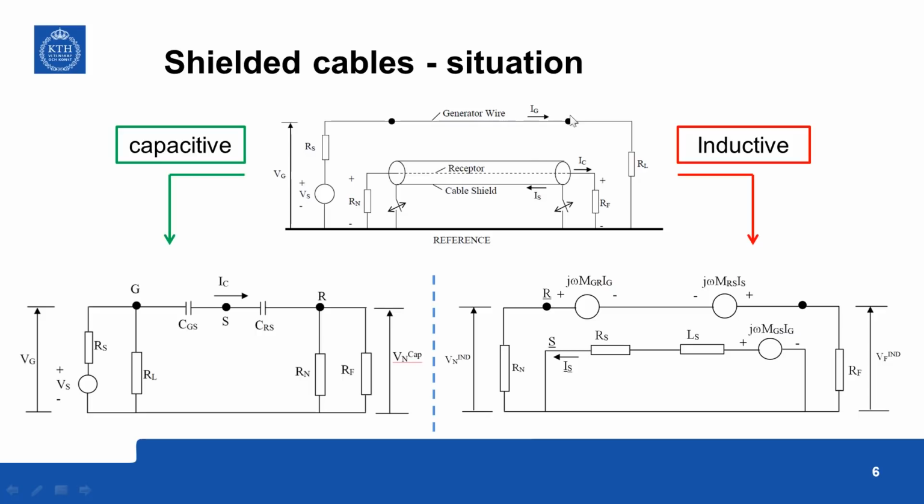So this current will create a flux linkage both with the receptor circuit as well as the cable shield, and the direction of those magnetic fields you can represent as going into the paper. So something like this.